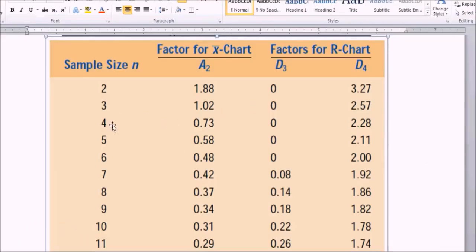For a sample size of 4, the D3 value is 0 and the D4 value is 2.28.